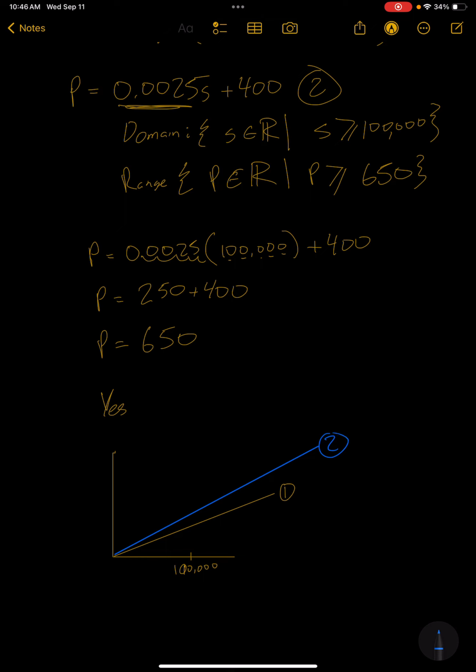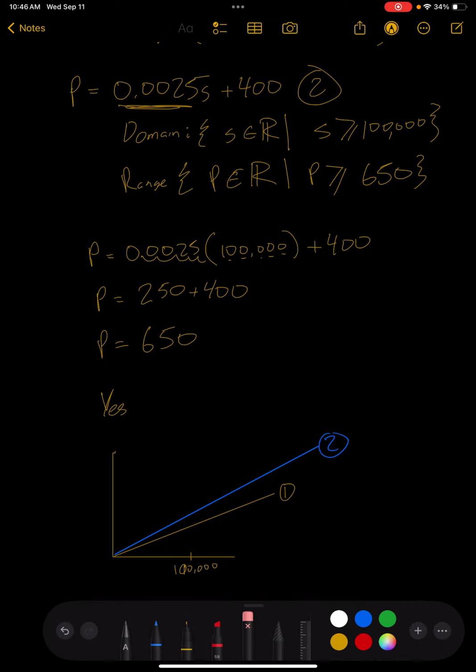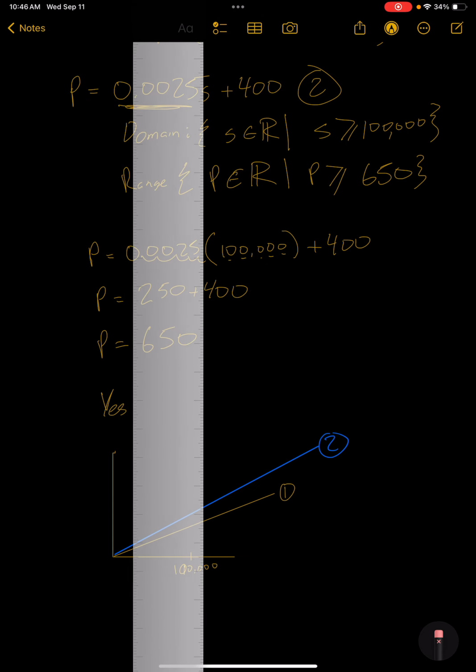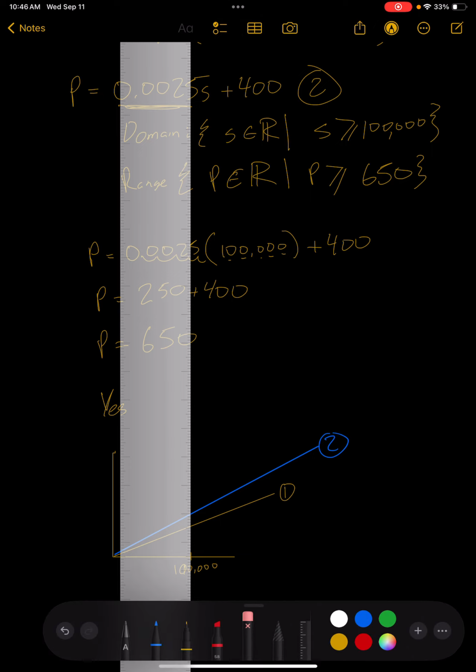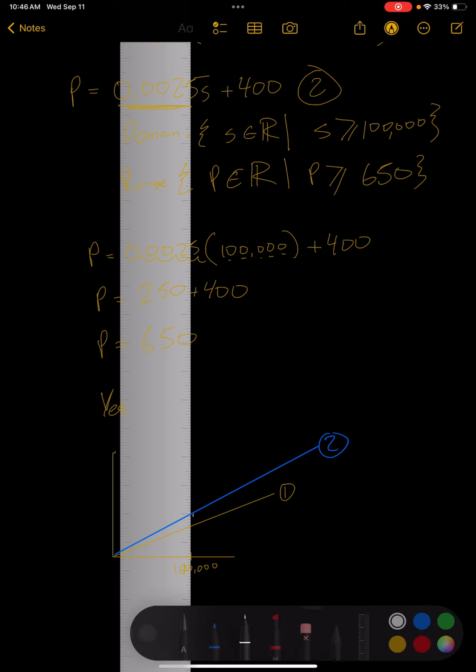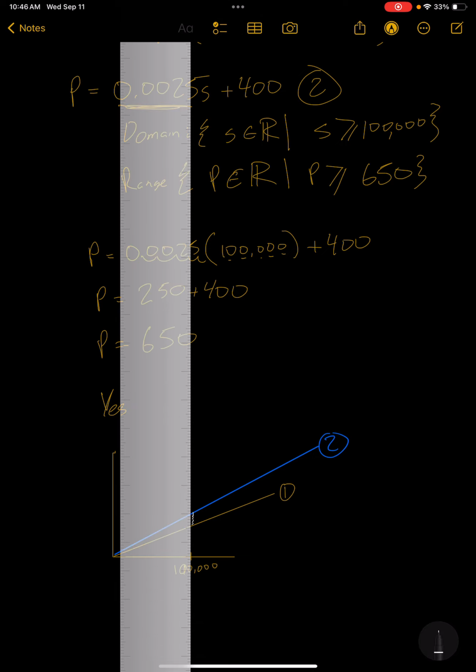We'll call that number 2. Now, the way this works is, at 100,000, 1 is defined, and 2 is not.